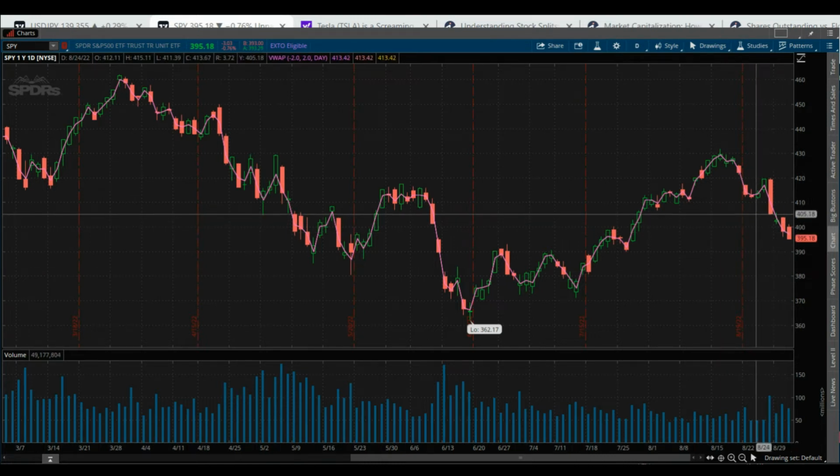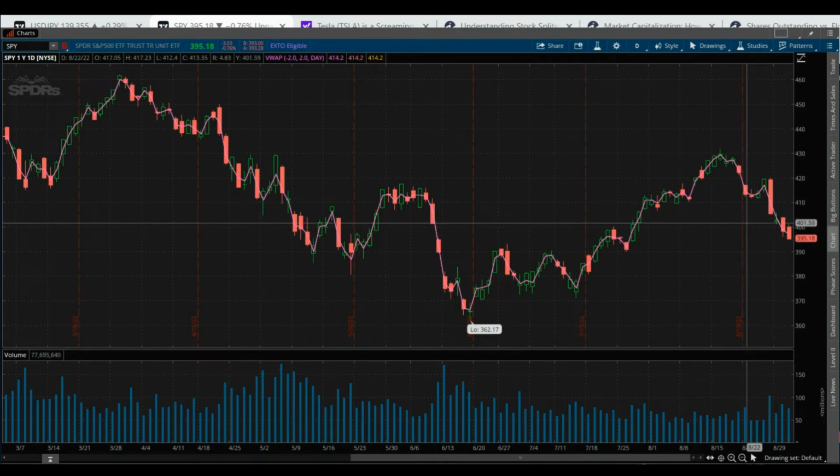You can see here we started at the 405s and we went as low as the 401s. And then today, Tuesday, there was a range between 404 all the way down to 395. That's like a $9 range. That's pretty intense.